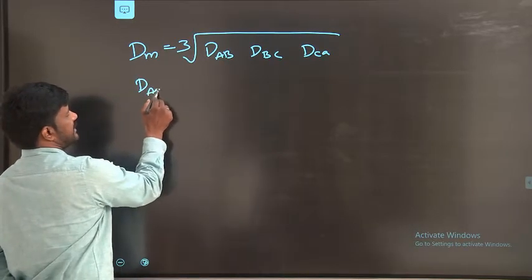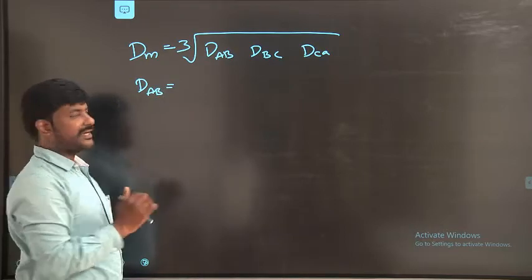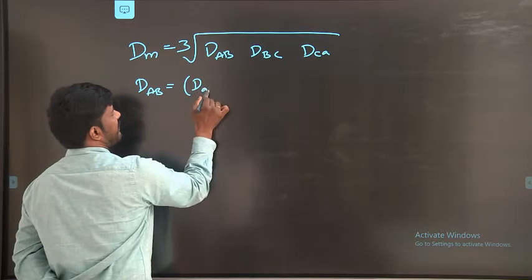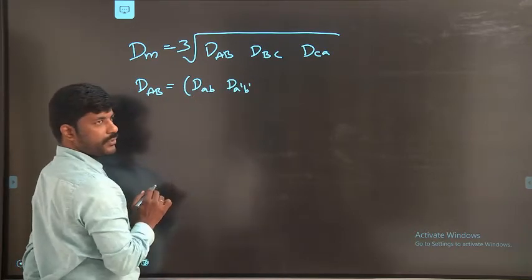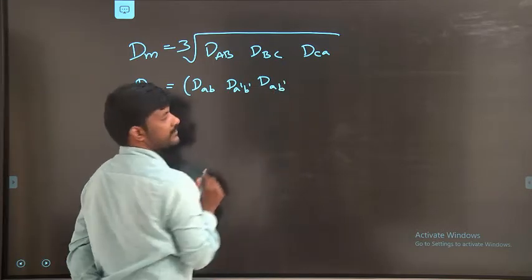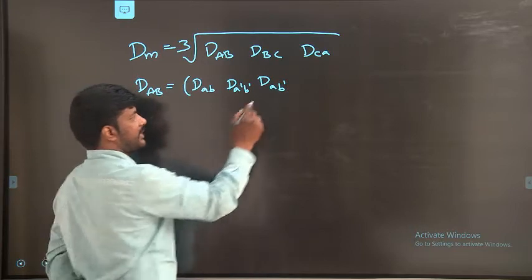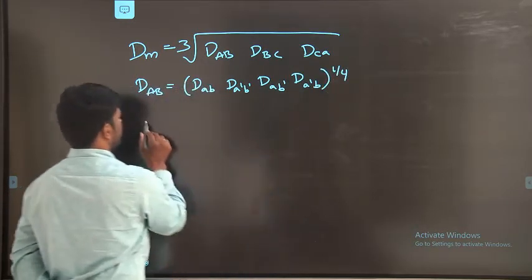As simple as that. Now I will get two different letter combinations. What are they? AB of circuit 1, A dash B dash of circuit 2, from circuit 1 to 2 AB dash, from circuit 2 to 1 A dash B, to the power 1 by 4.